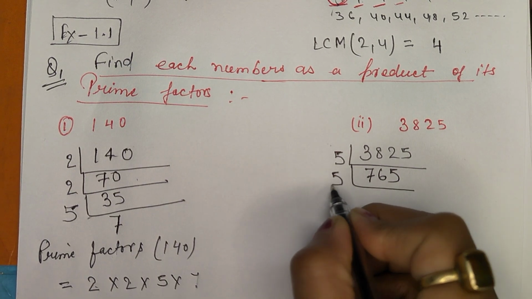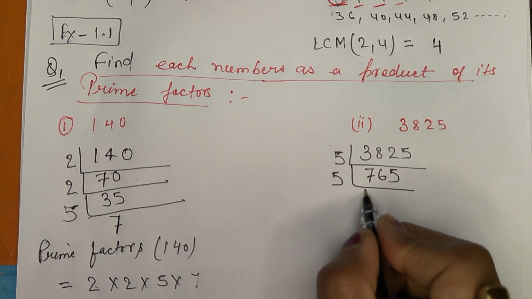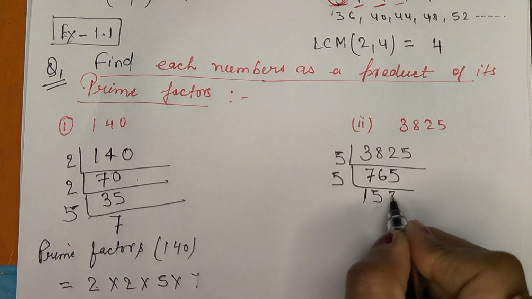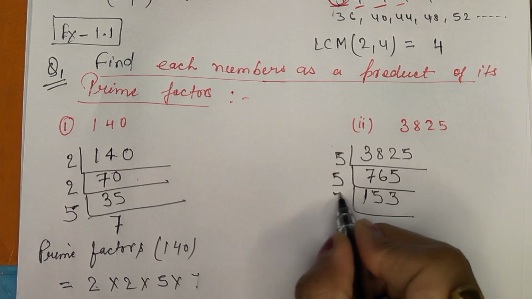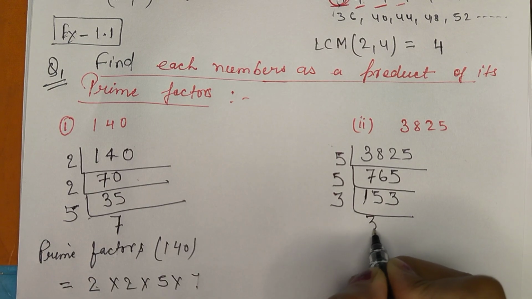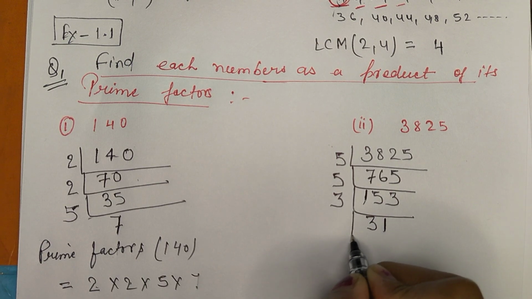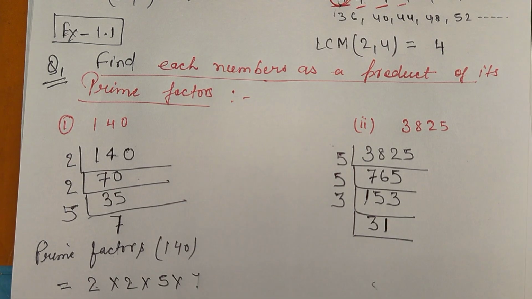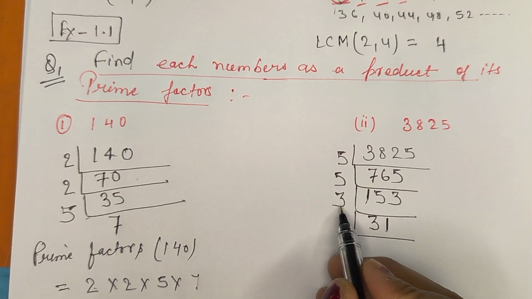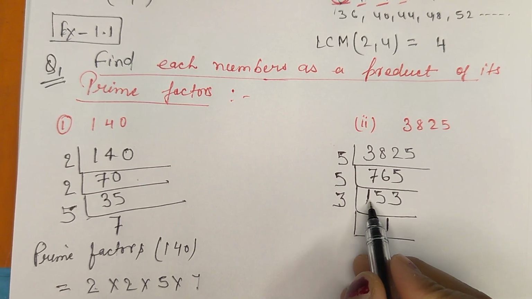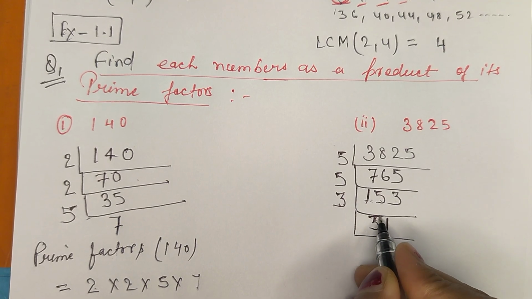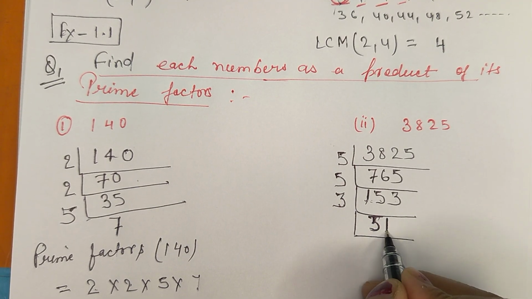Again 5, which gives 153. Then 3 divides 153: 3 5s are 15 and 3 1s are 3.